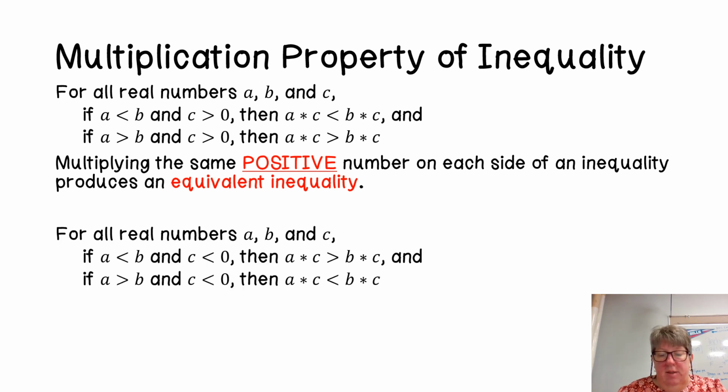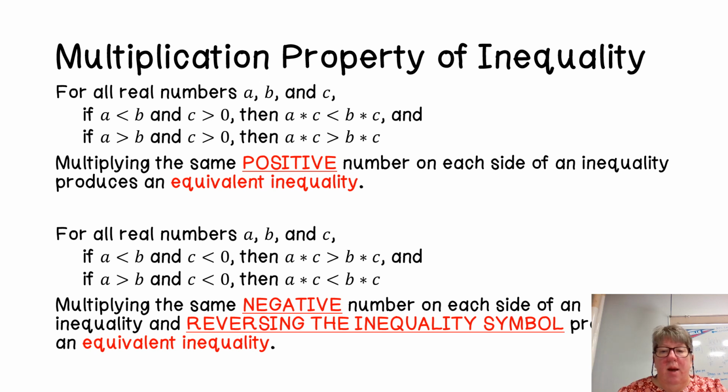But if c is negative, if c is less than 0, and we multiply a negative number on both sides of the inequality, then we must reverse the inequality symbol.